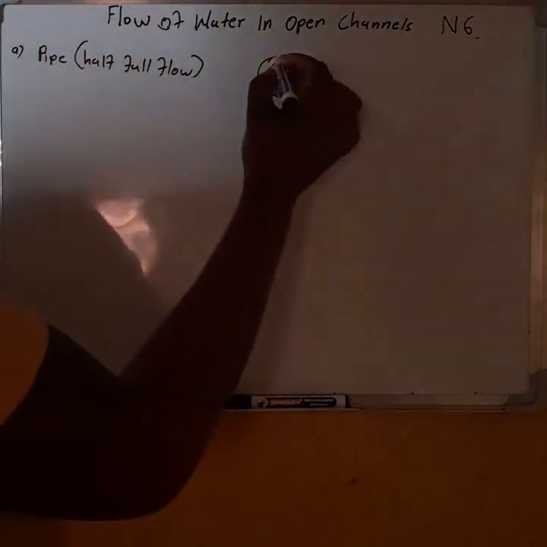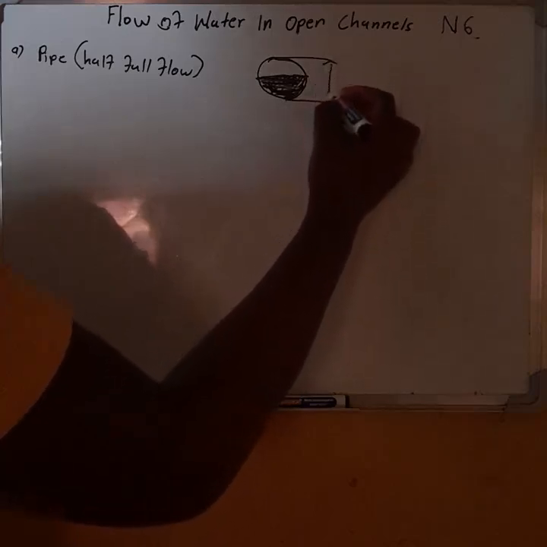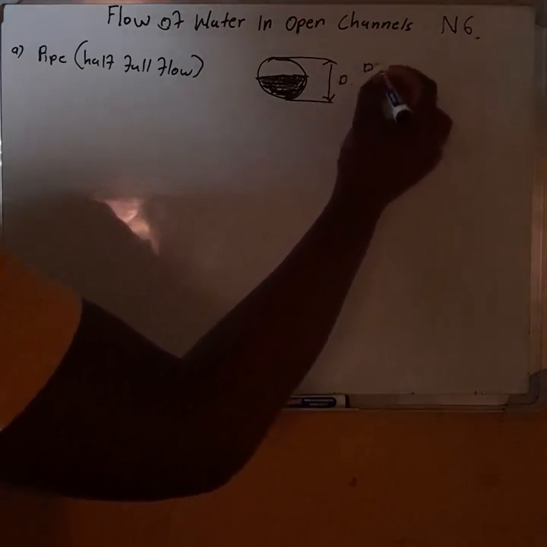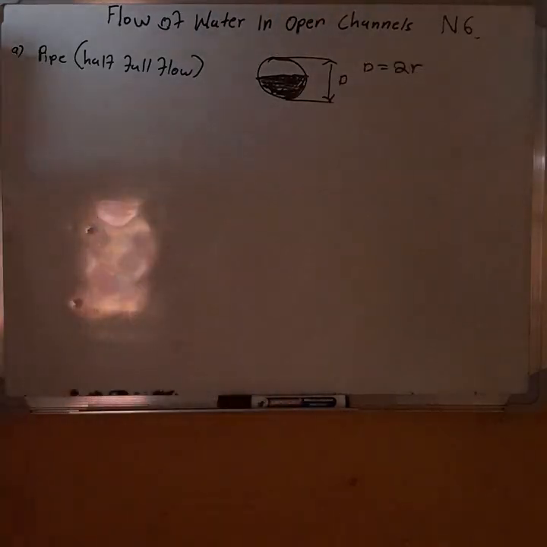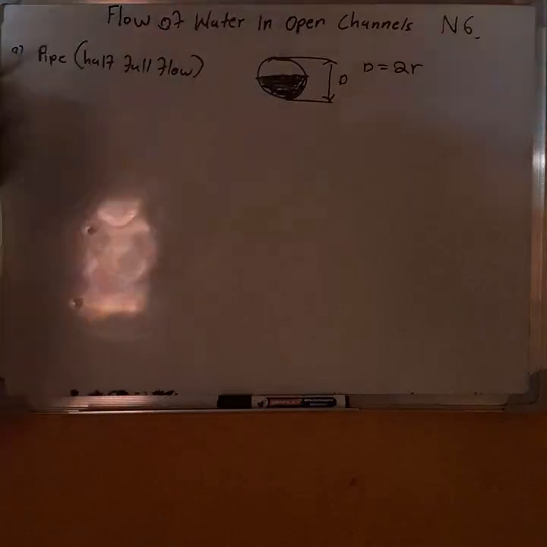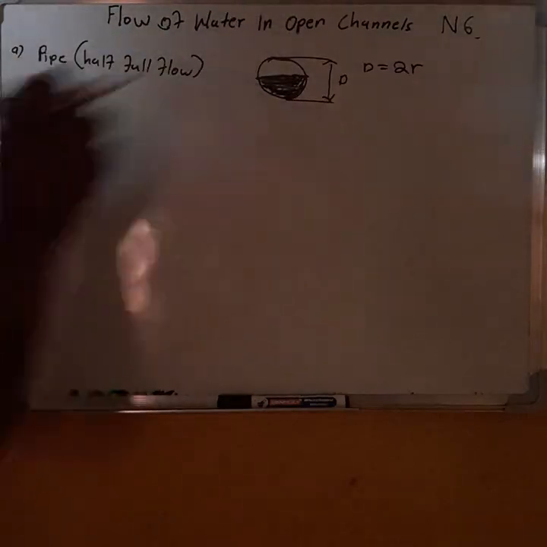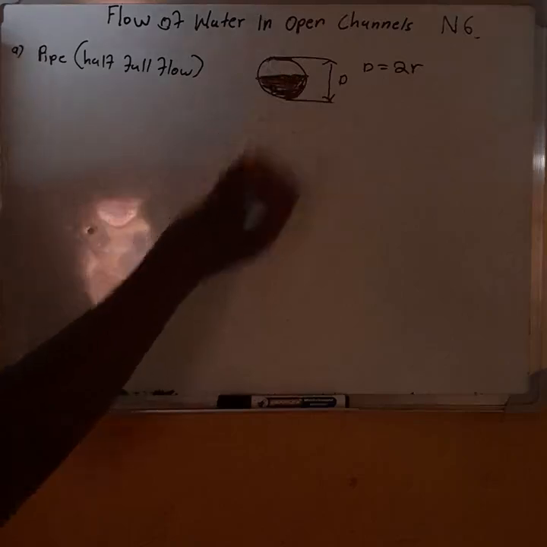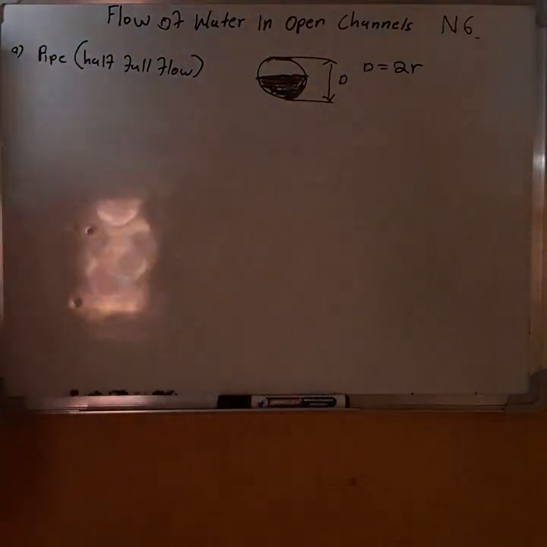As we know, this is the circle, and from here till here is the diameter, which is also equal to 2 multiplied by the radius. It's a circle cross section, a circle object, right? Now we're still under this half pipe.